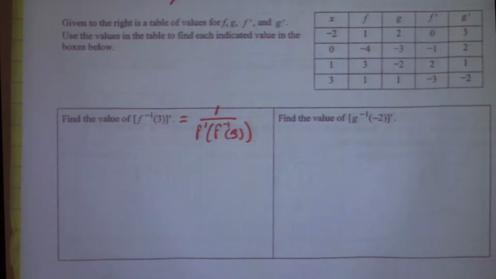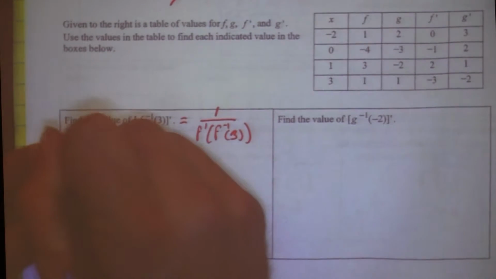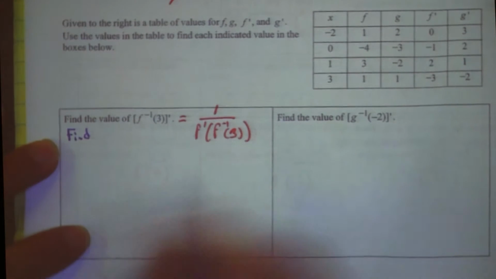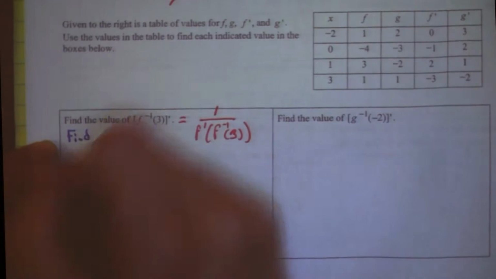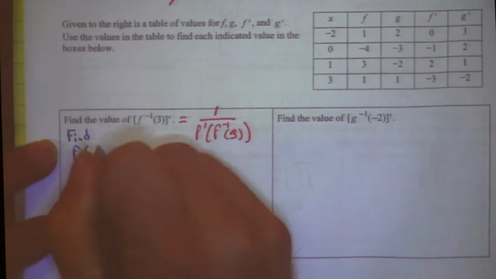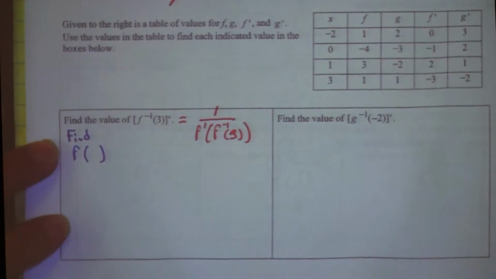According to my step process up there, I said I have to equal the original function to the value, right? Okay, so let's do that. What would be the original function if we're doing the inverse of f? F of x, right? But we don't know what the x is. That's what we're actually trying to find.